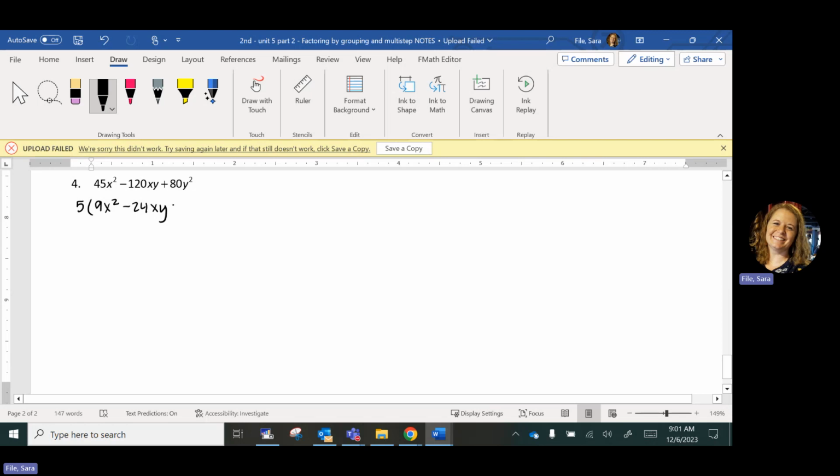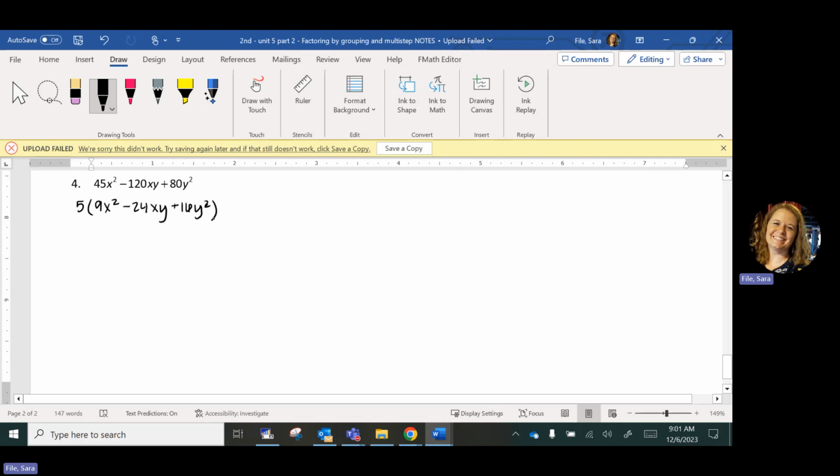Thanks. All right. And then we take the GCF out of that last one. We get 16y squared. So if you're ever unsure of your GCF, like we just take out the 5 and you're like, I'm not sure if that's the greatest one, look at what's left and see. Can all of these still be divided by something?